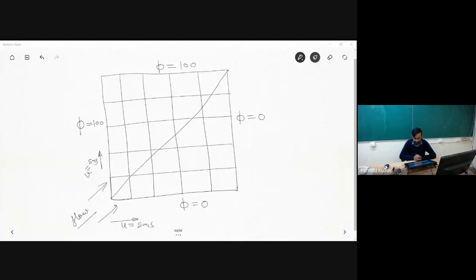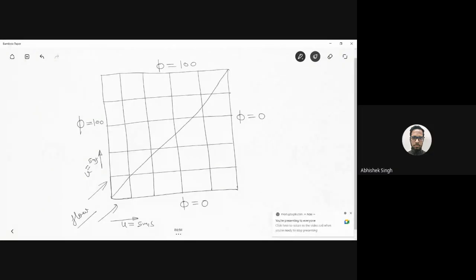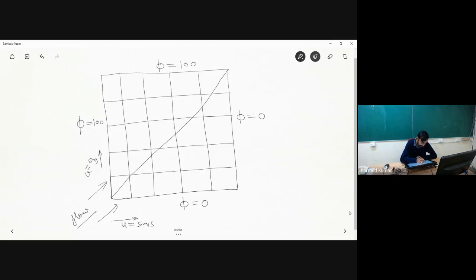Just after looking at this situation, can any one of you talk about the distribution of phi in the internal nodes if we consider diffusion to be negligible? It will go up. The profile will go up. So basically, if you see, this particular left boundary has phi equal to 100, and from here the solution is moving parallel to the diagonal.